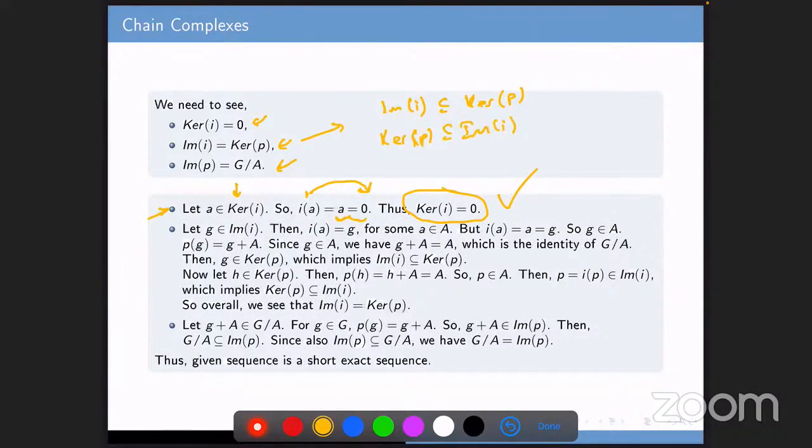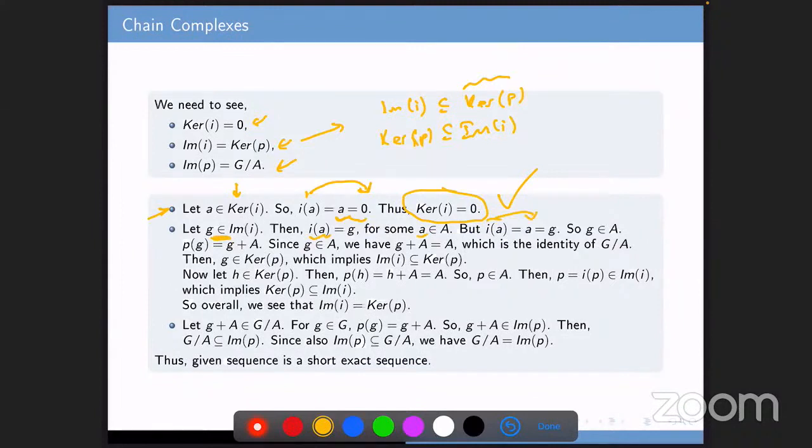I pick an element from image I, and I am going to try to see that this element is in kernel P also. So if g is in the image of I, then there should be an element of A, right, which is getting mapped to this g under I. But I know that I takes a to a, so this a should be equal to g.